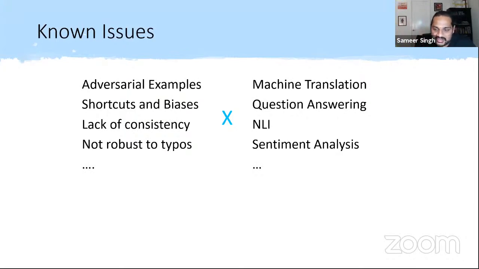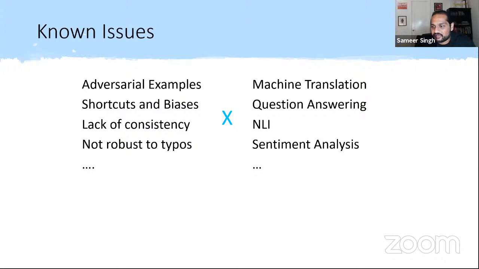Models can be inconsistent. They're not robust to all kinds of different perturbations. And a lot of people had tried a bunch of these issues, including us, on a bunch of specific tasks, right? So robustness to typos for machine translation, right? Lack of consistency in NLI. Like there's this cross product of how the community has been thinking about this. Which is fine because we are sort of learning more and more about NLP.